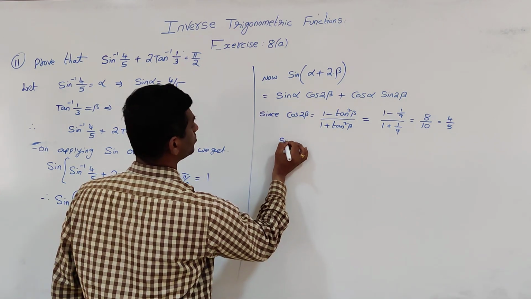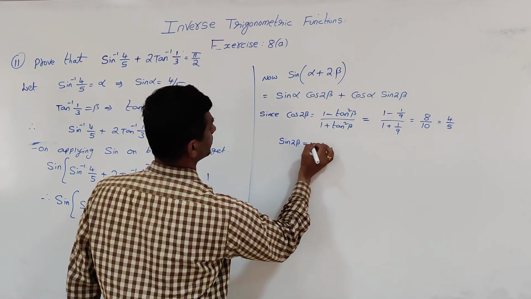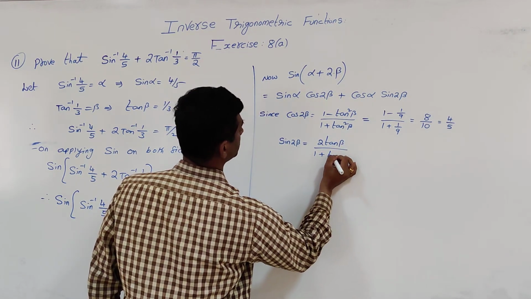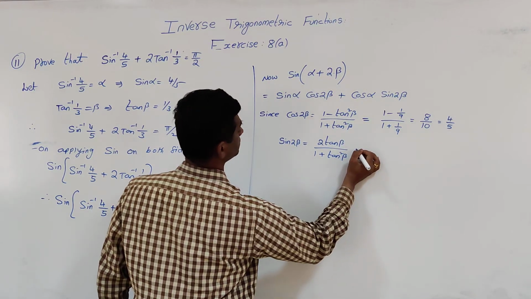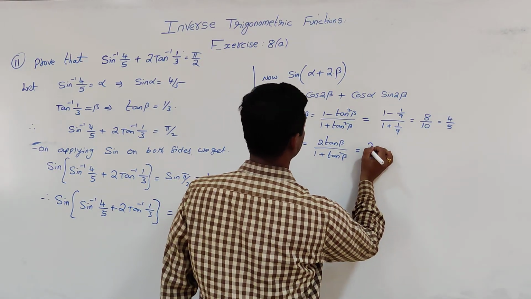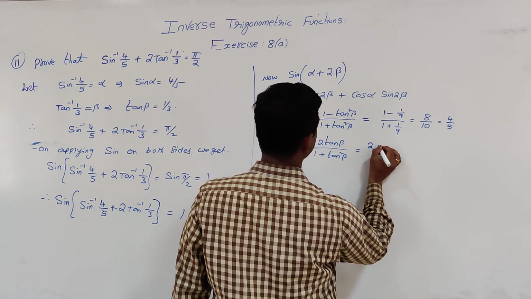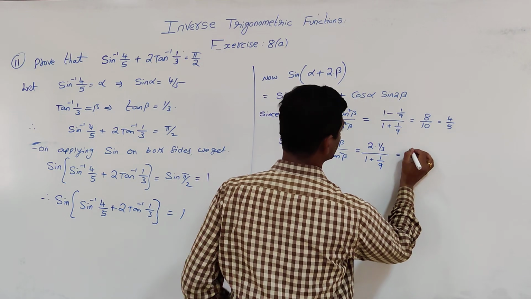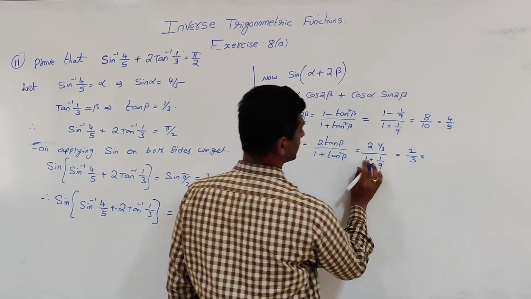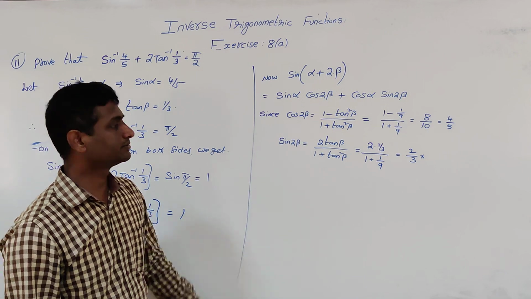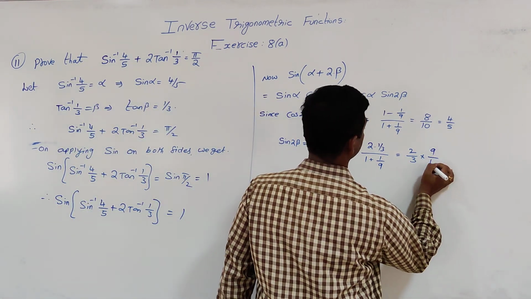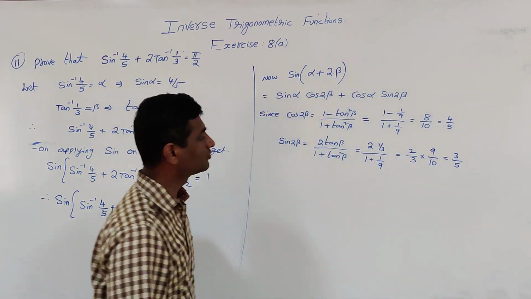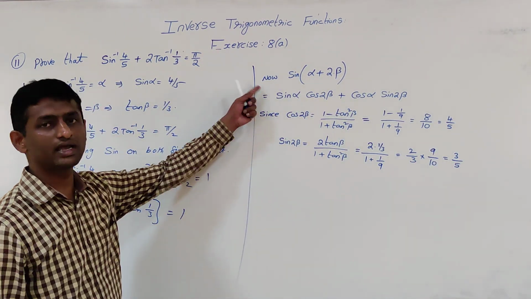And sin 2 beta is 2 tan beta by (1 plus tan square beta). So 2 into 1/3 by (1 plus 1/9) gives 2/3 by 10/9, so it will be 18 by 30, that will be 3/5. Now substitute the values.